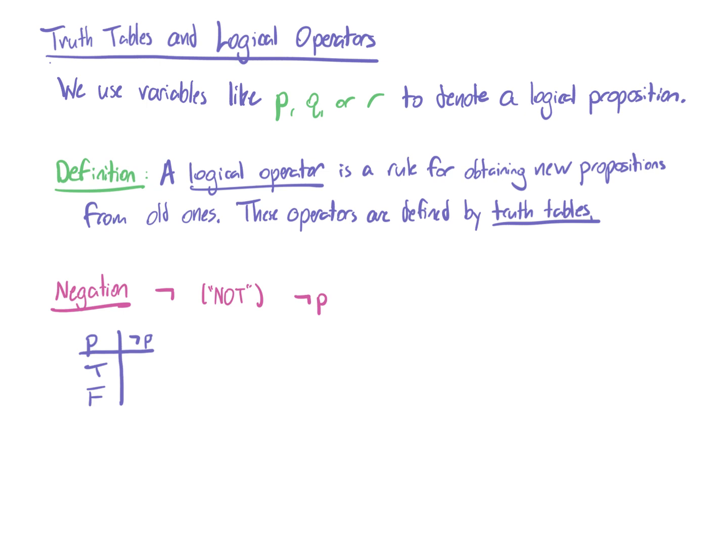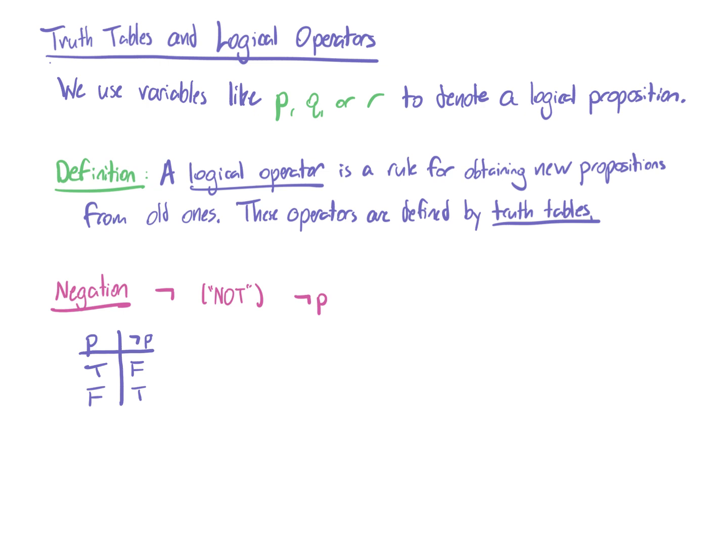So when I have not p, if p was originally t in my first row, my not p is going to be f, and if p was originally f, not p is going to become t. So this is the complete truth table definition of the negation operator.